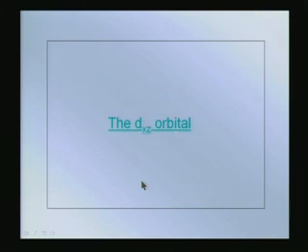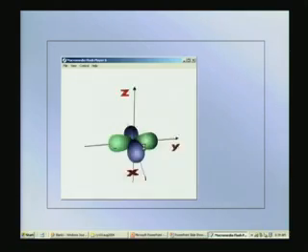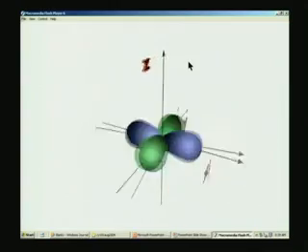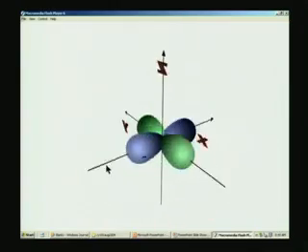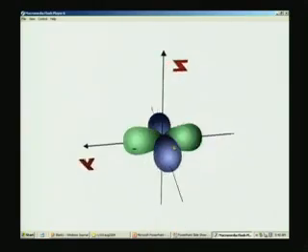Okay. Next one, dx square minus y square orbital. You see, now that looks exactly like the dxy, except that now the lobes point along the axes, the plus and the minus axis.